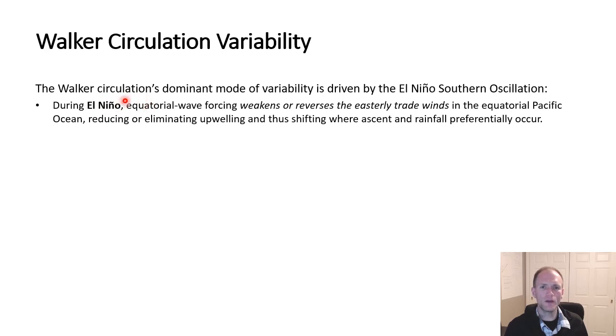So during El Niño events, equatorial wave forcing, we'll talk about what that looks like as we get into our ENSO lecture materials, causes the climatological easterly trade winds to either weaken, become weaker easterlies, or even reverse, turn around and become westerlies along the equator in the Pacific Ocean.